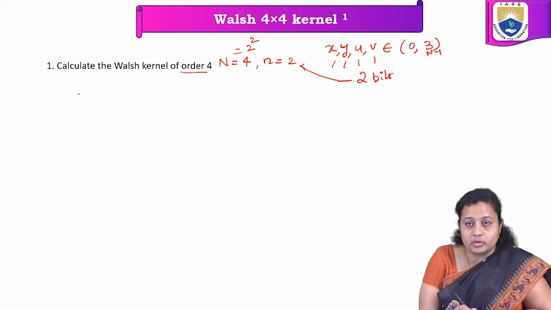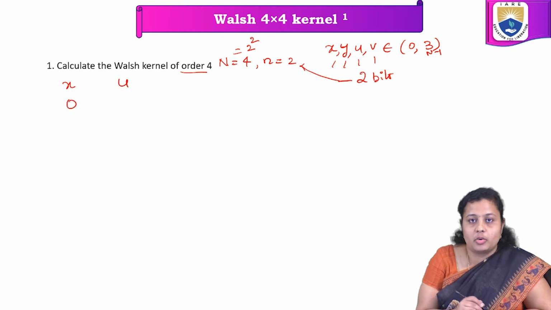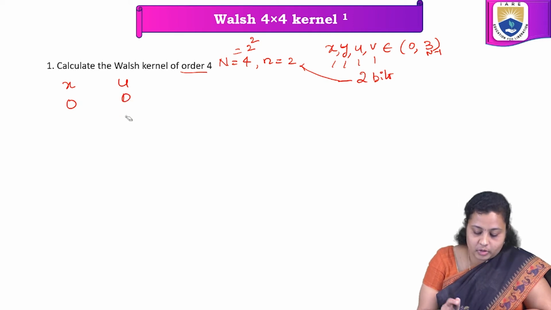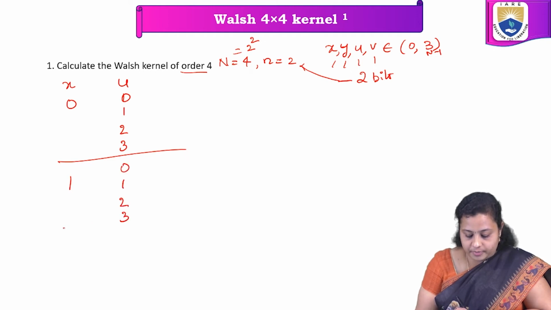Now I'll have the combinations. Let's write it in the form of a table. So for x and u, when x is equal to 0, I have the values 0, 1, 2, 3. When x is equal to 1, I have the values 0, 1, 2, 3.